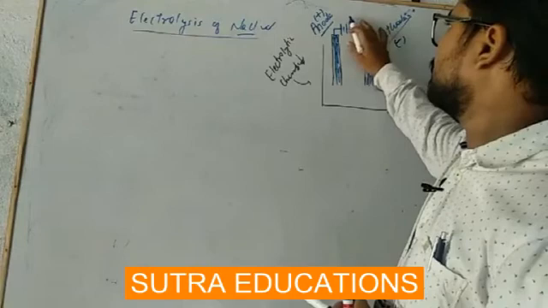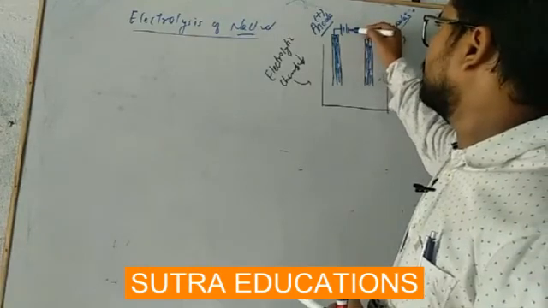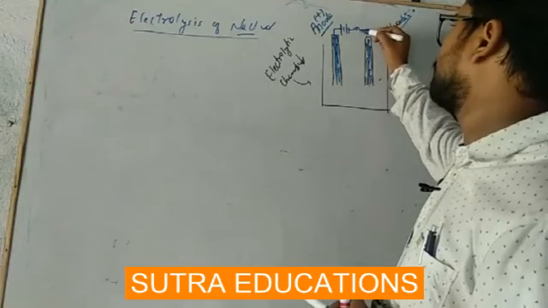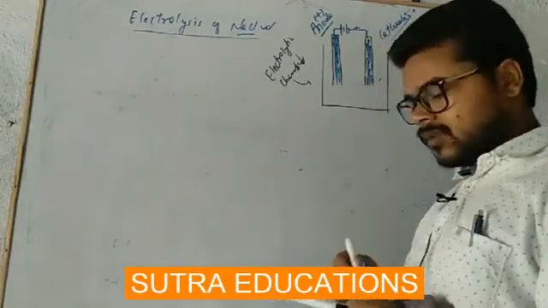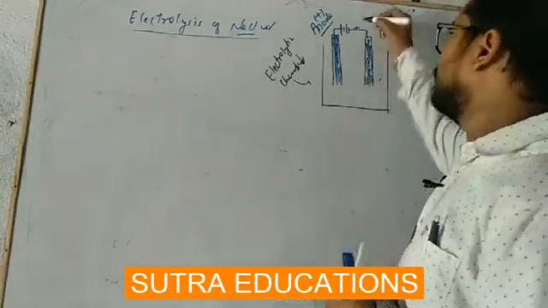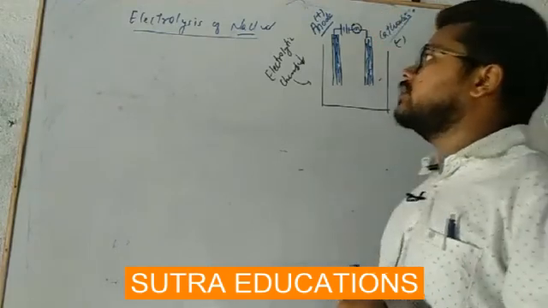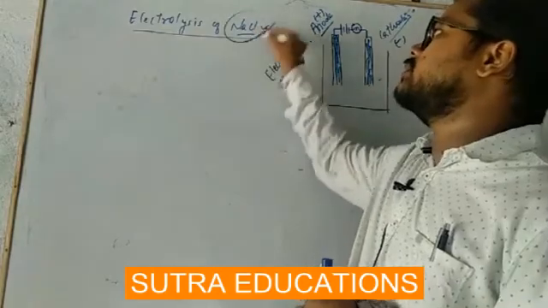as we learned in electrolysis of water. It is a bulb. We are going to perform electrolysis of NaCl.